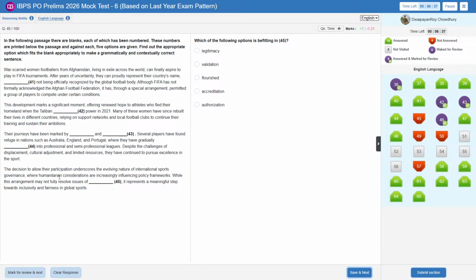The decision to allow their participation underscores the evolving nature of international sport governance, where humanitarian considerations are increasingly influencing policy frameworks. While this arrangement may not fully resolve issues of dash, it represents a meaningful step. Issues of legitimacy, accreditation, authorization, validation.